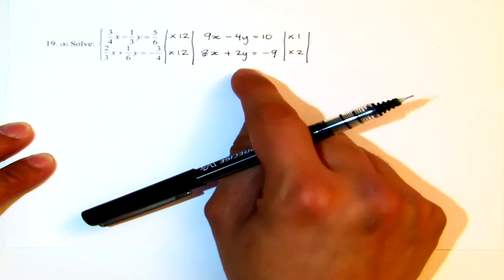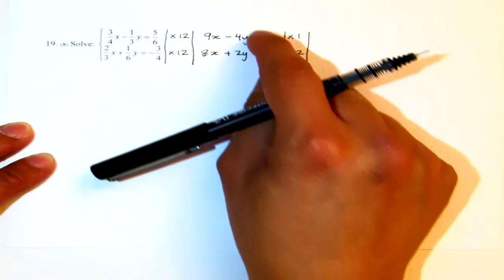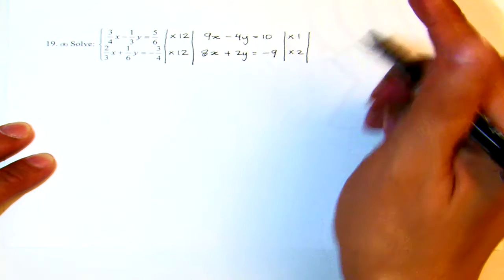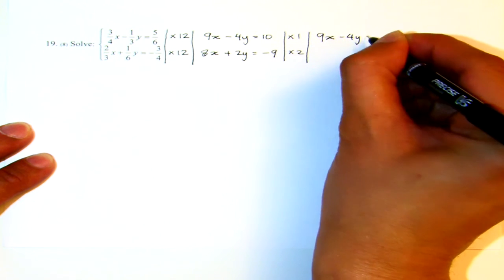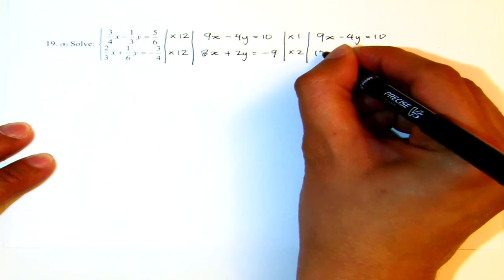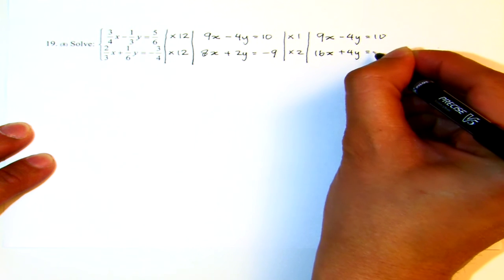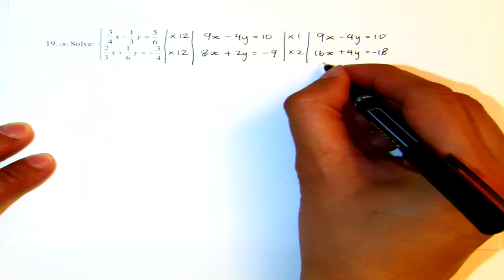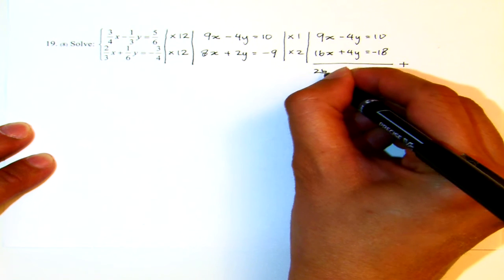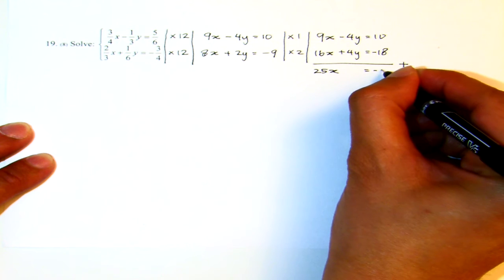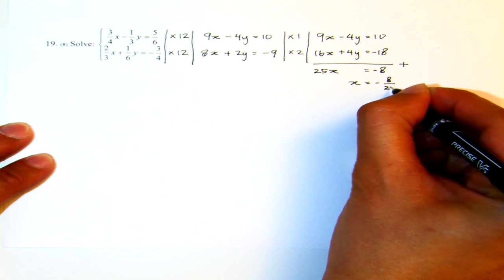The second adjustment is to have opposite coefficients for the y. Here this becomes 9x minus 4y equals 10, 16x plus 4y equals negative 18, which if I add, that will give me 25x equals negative 8, x equals negative 8 over 25.